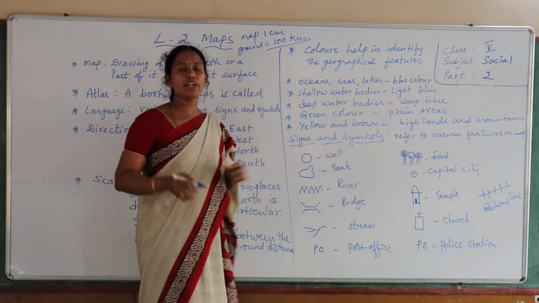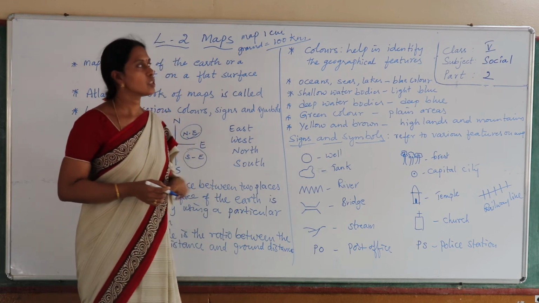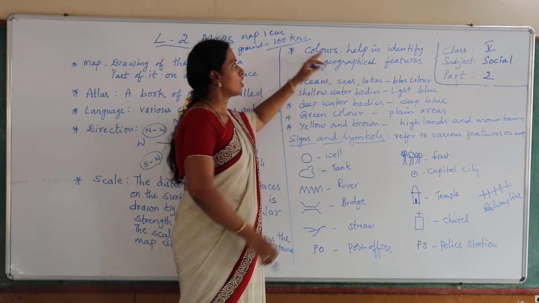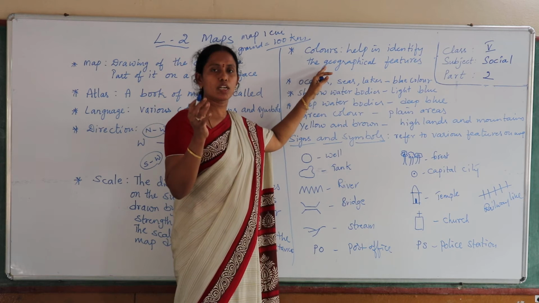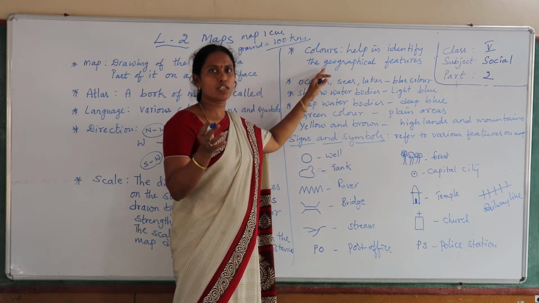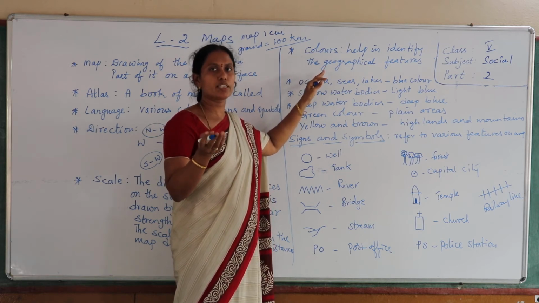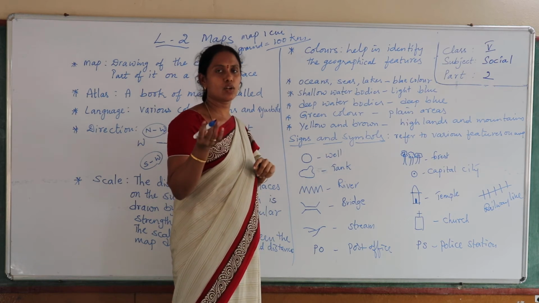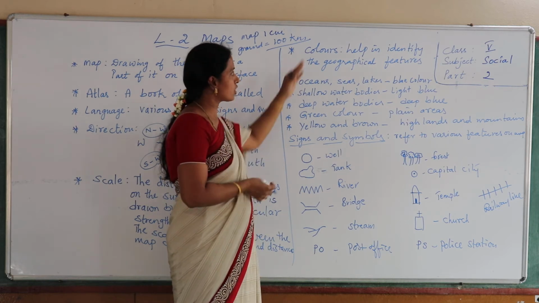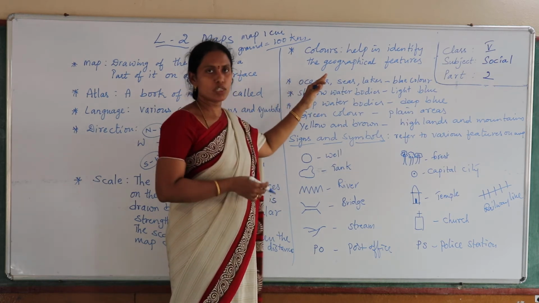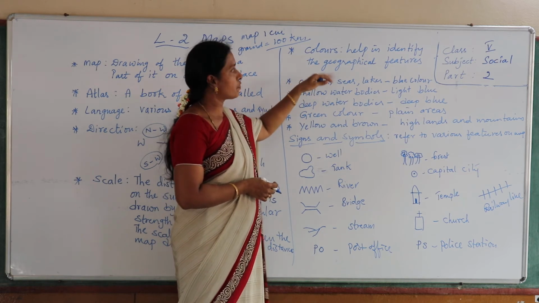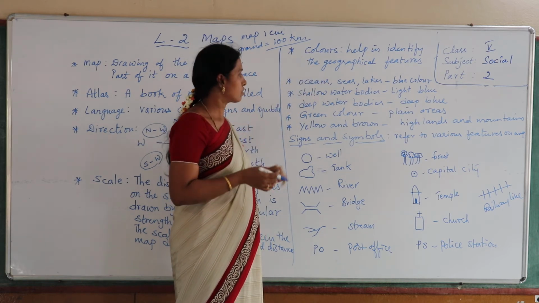Next, coming to the colors. You see different colors on the map. If you see the map, you can identify blue color, green color, yellow color, brown color. You must know the colors which we use, which help in identifying the geographical features.